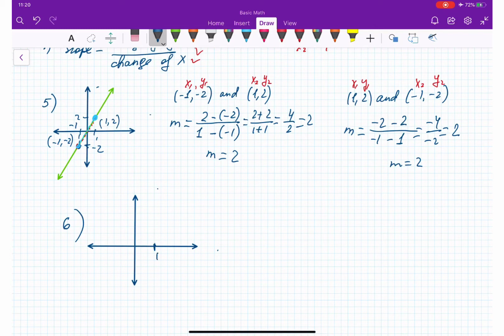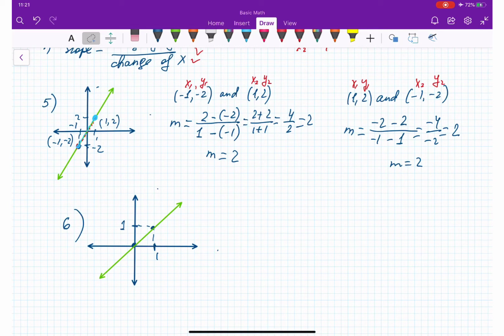Let's say this is +1. This is also 1. And it goes through 0, 0, the other point. So this is our graph we are going to work with, meaning we need to find the slope for this graph.